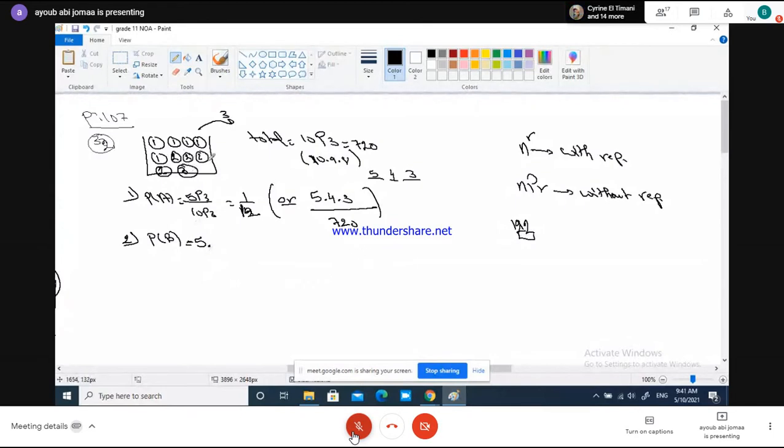Because here we have 4 twos, 4 marbles number 2, and we are going to select 2 of them, the second and the third, as in 4p2, over 720, because 10p3 is 720, over the total. Professor, where do we put 9p3 over 10p3? 9p3 over 10p3. I'll tell you what the problem with it is.